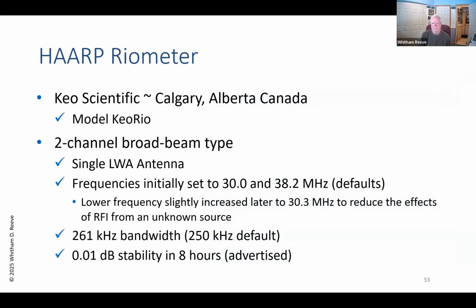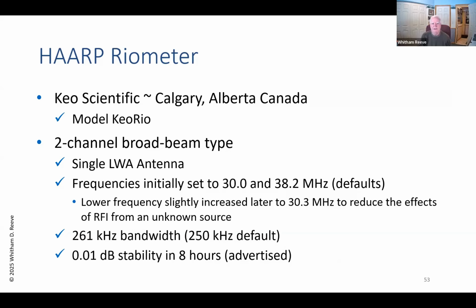The riometer that we're using is made by Keo Scientific in Calgary, and it's called their model Keo Rio. So we actually purchased this back in July of 2024, but because of delivery lead times, we finally received the receiver itself in December, and we installed it in January.